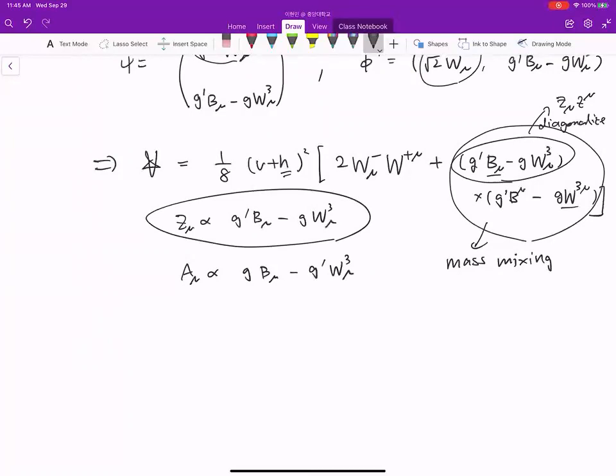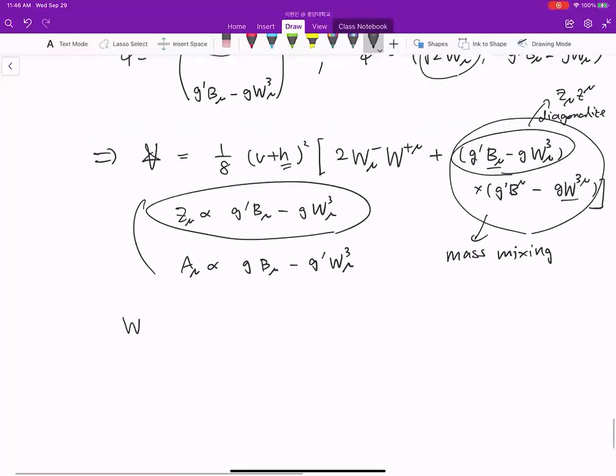Then you need to normalize this transformation appropriately if it is an orthogonal transformation. That's how you obtain the Weinberg angle.